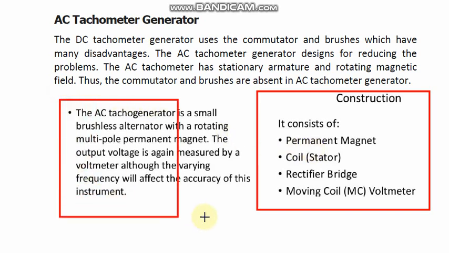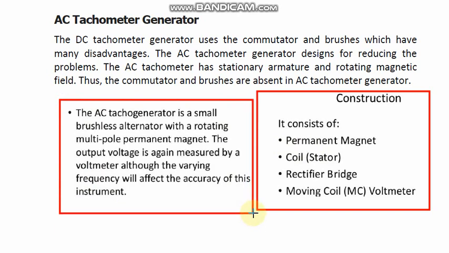Now the AC tachometer generator is a small brushless alternator. There is no brush, meaning no requirement of maintenance, unlike in the DC tacho generator. So it is a small brushless alternator with a rotating multi-pole permanent magnet.